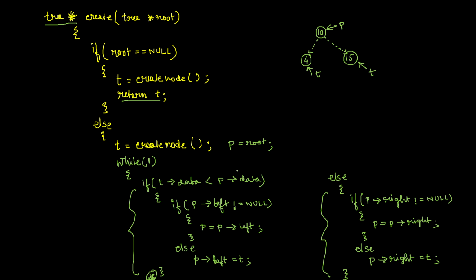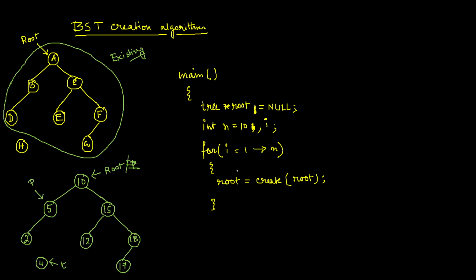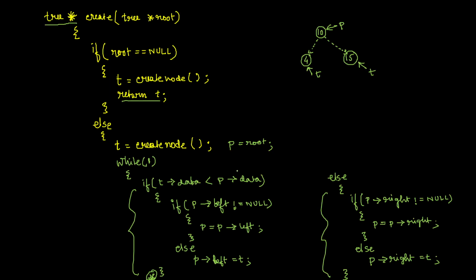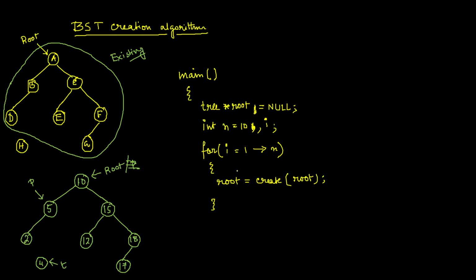So again the condition P left not equal to null will be checked, and again I will find that yes, P left is not equal to null because 5 is engaged with 2. So again P equal to P left will execute. Now P is no more pointing to this particular node, P is now pointing to this node.